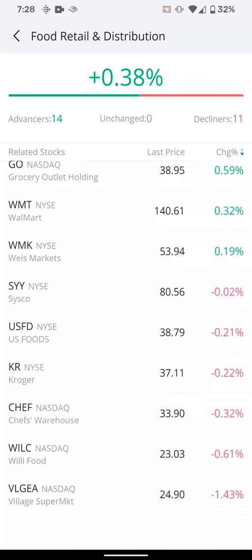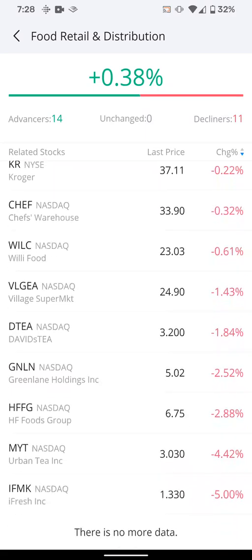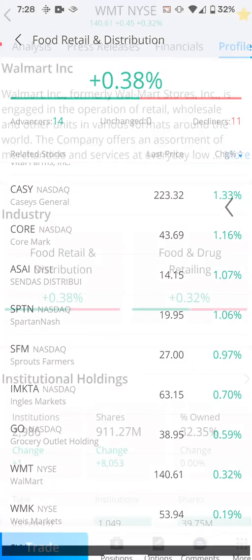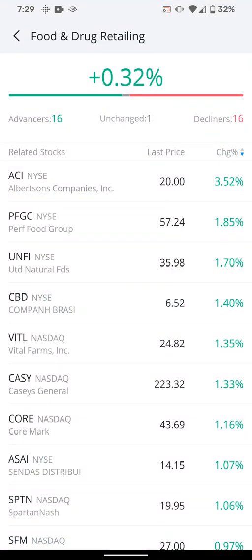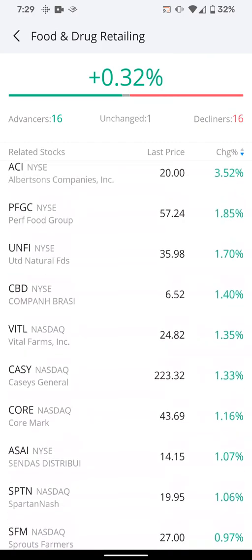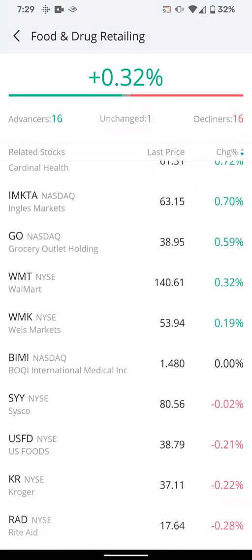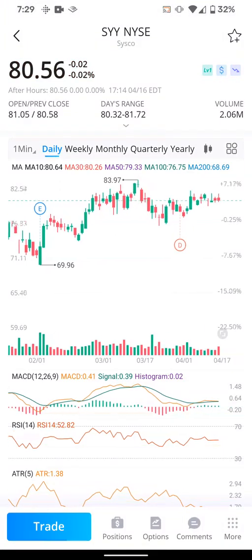You can go down and see the different stocks that share that same space. You can also go over to this next one, food and drug retailing, and yeah, 16 to 16. That's literally half. So half of it is going up, half of it may be going down. And even if you click on something that's going down, let's just click on Cisco.